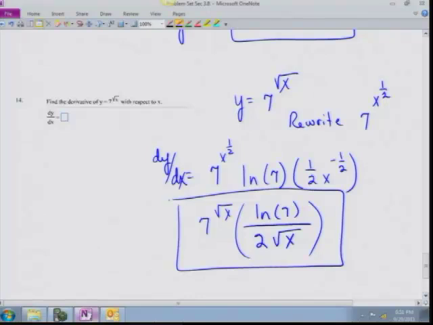So the 2's on the bottom, the square root of x is on the bottom. Is that better? Can you put the 7 to the square root of x on the top? You could. Yeah, I'll do it later.